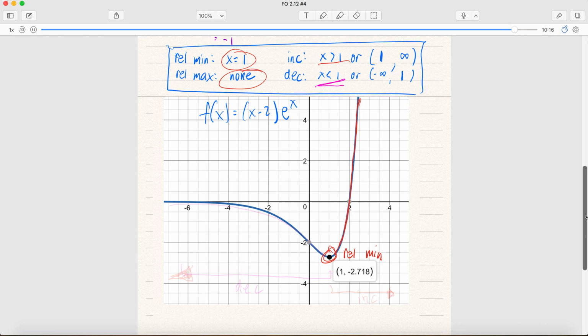Okay, so we know that this whole section is decreasing. We know that this whole section is increasing. And I guess I should say this is going to infinity, so there you go, guys.